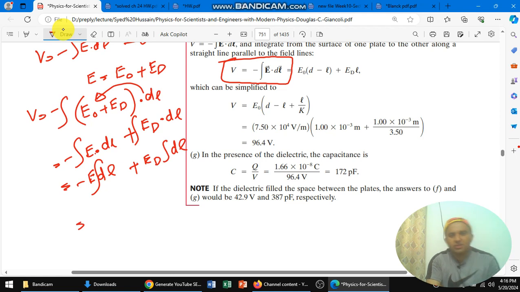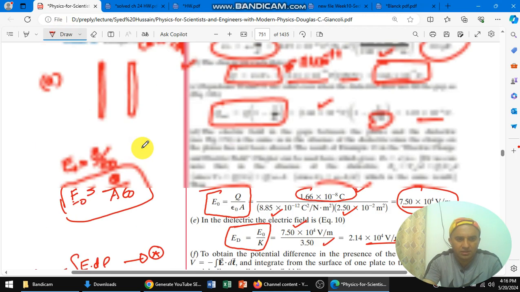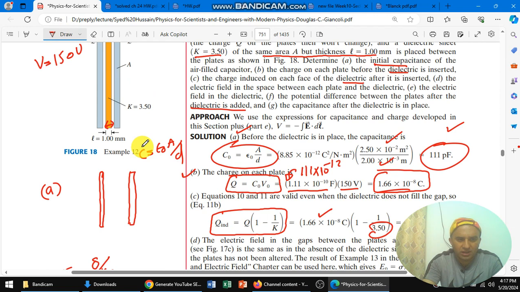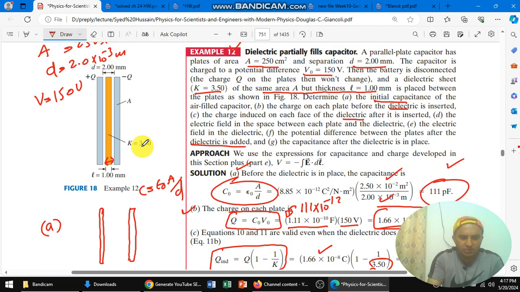If we take the integration, for E naught the upper limit is d and the lower limit is l, from l to d, because this is the length from 1 to 2 millimeter.